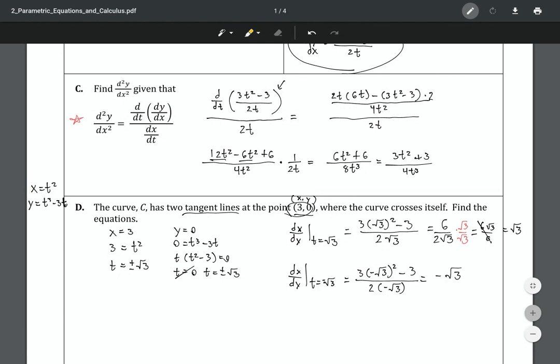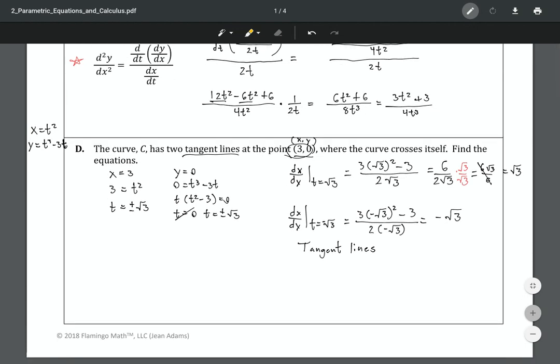Okay, so therefore my tangent lines would be, the top one would be y minus 0. Let's not write that.